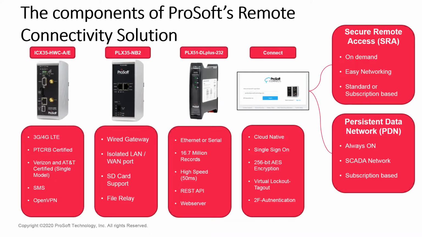If you've already got internet access, then we've got a wired gateway. One of the big advantages of this gateway up here, the PLX35, is that it's got an isolated LAN WAN port. These ports are physically isolated on the gateway. As a result of that isolation, one of the things this gateway can do is help you transfer files across segmented networks.